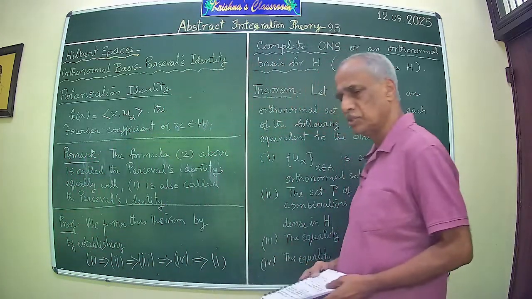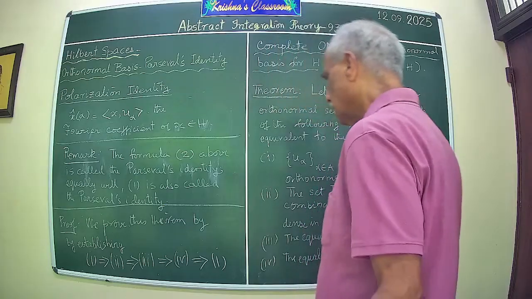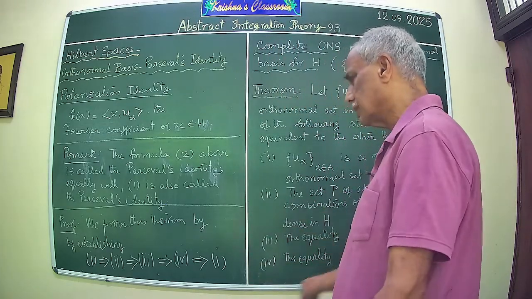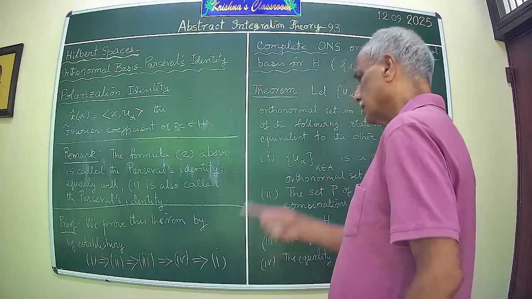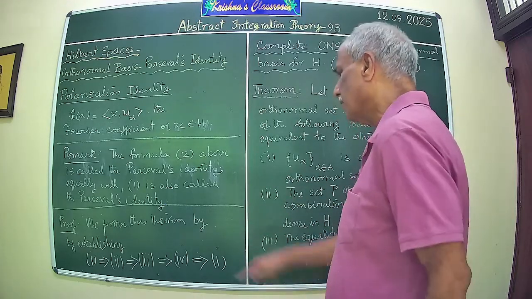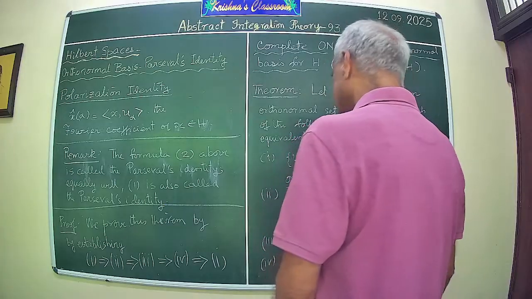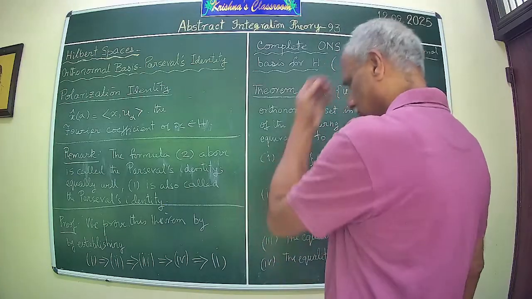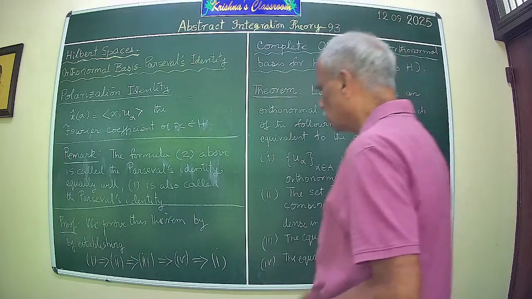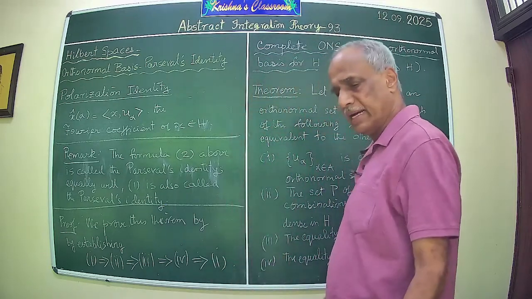There is 1 implies 2, 2 implies 3, 3 implies 4, 4 implies 1, and if you use this cyclic result, you can essentially get any one of these 4 statements is equivalent to any other, the other 3 statements. That's the usual standard. Okay, let us prove this.